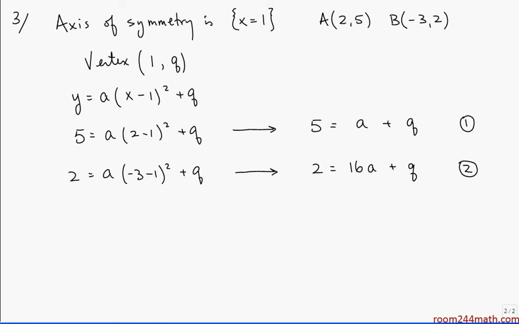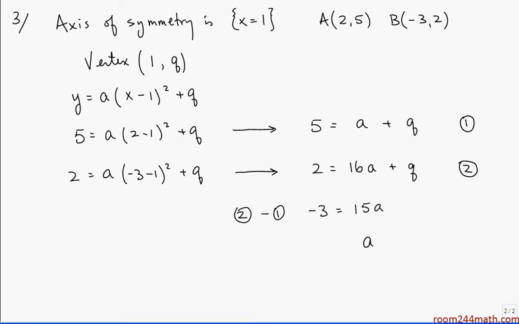The goal of systems of equations is to eliminate one variable to get an equation in the other. The easiest variable to get rid of here is q. We can take equation 2 and subtract equation 1. The left-hand side becomes 2 minus 5, which is negative 3. The right-hand side becomes 15a, and of course the q's disappear.